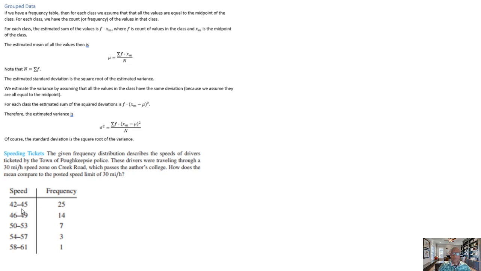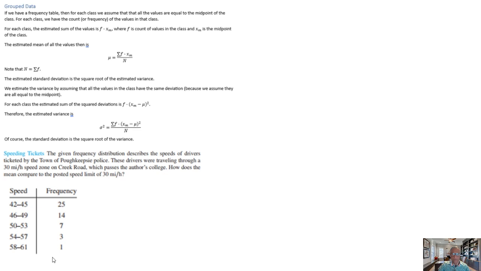So the deviation score associated with 43.5 is 43.5 minus whatever mean I got. And since every value in here is 43.5, that's the approximation we're making, all I have to do is say 25 times the square of that deviation. In other words, I'm going to say what?